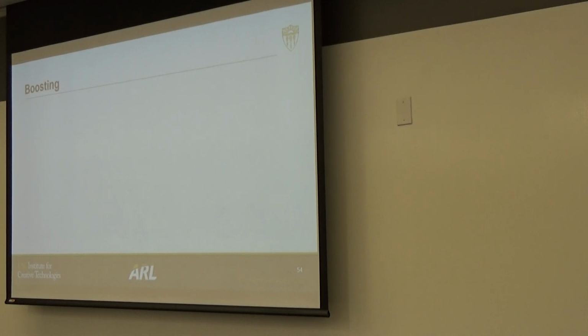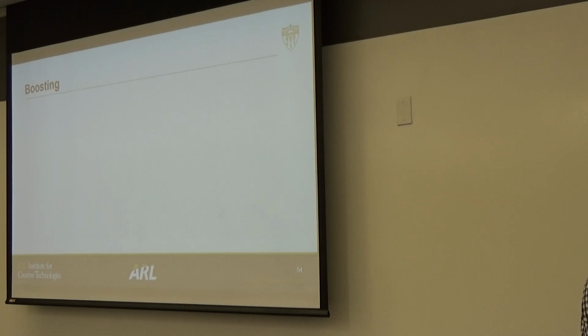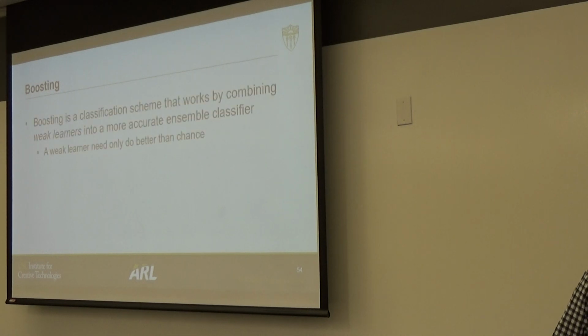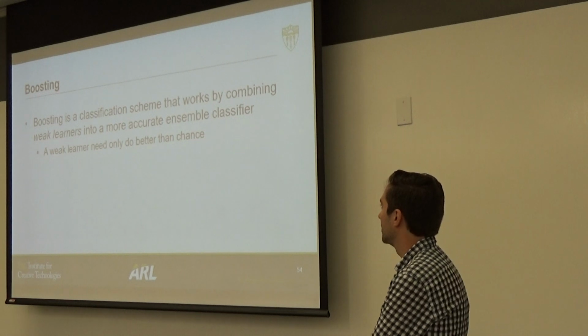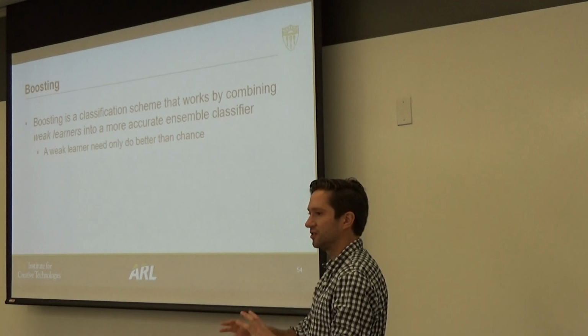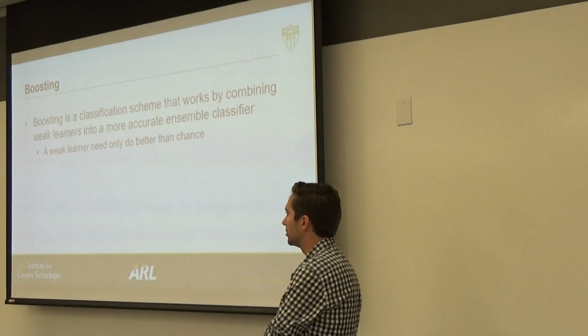But what you can do is combine multiple sets of features one after each other to create a more and more efficient algorithm. And this technique is called boosting. Boosting is a technique used in machine learning to combine different classifiers into one. They can all be pretty bad, they can have weak scores.